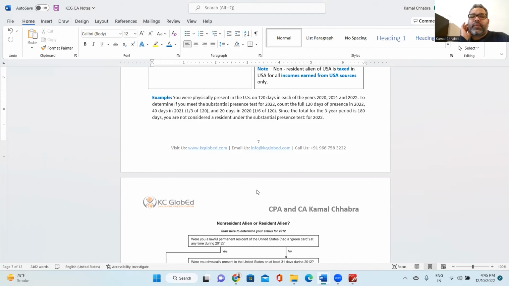And then 20 days for 2020, which is 120 divided by 6, right? So 120 plus 40 plus 20, how much is it? 180, right? Since the total of the 3 years is 180 days, you are not considered to be a resident under the substantial presence test for 2022. Right? Make sense?